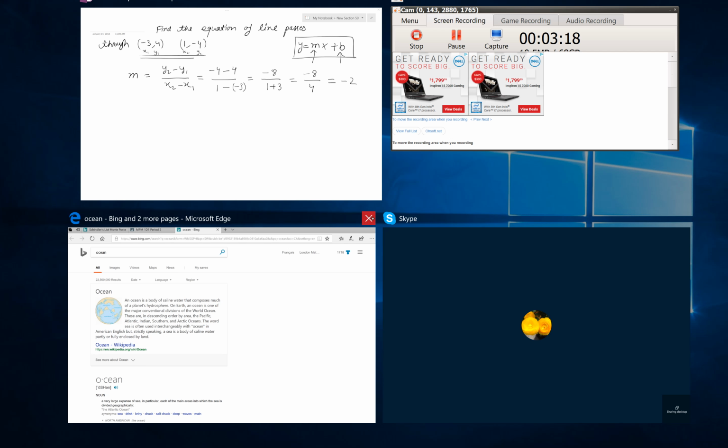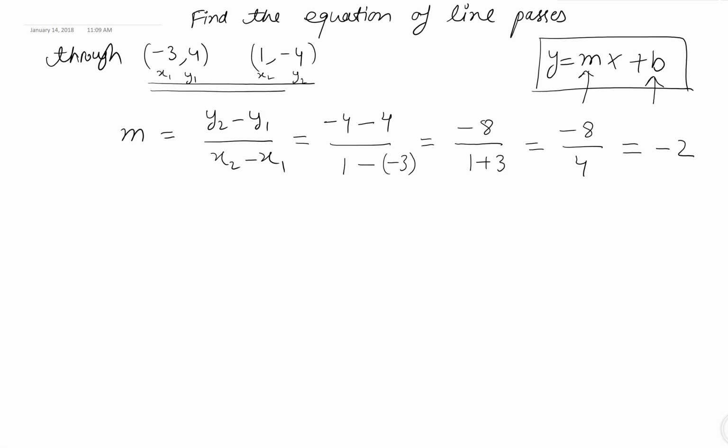Anyways, so we have y equals to. Now I substitute my m in here.